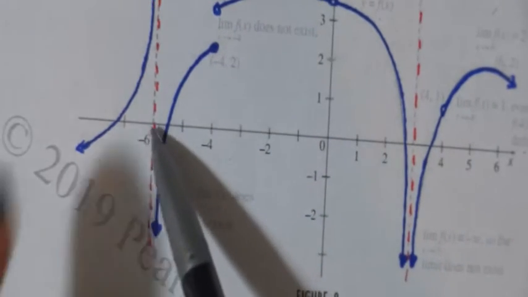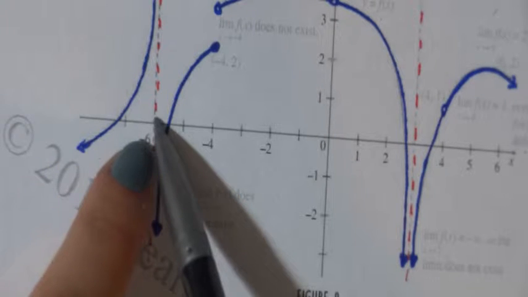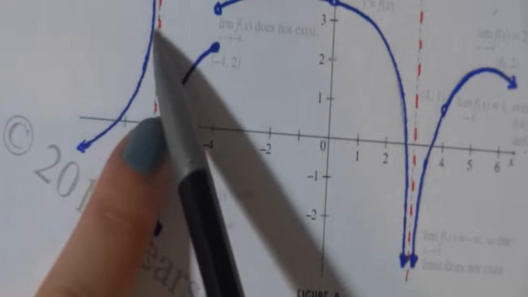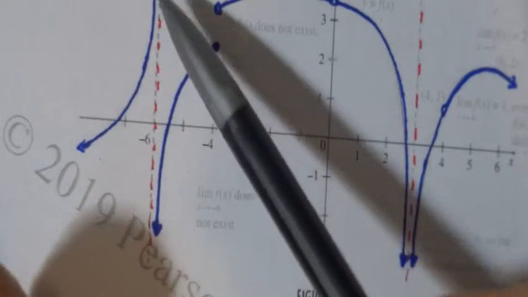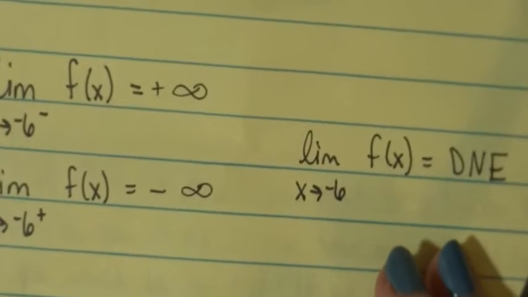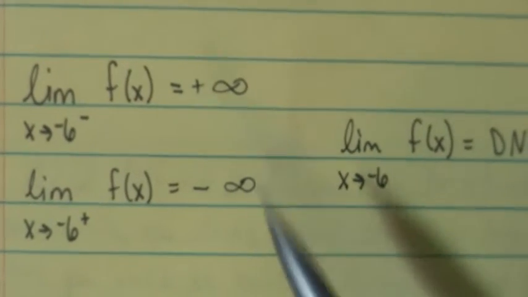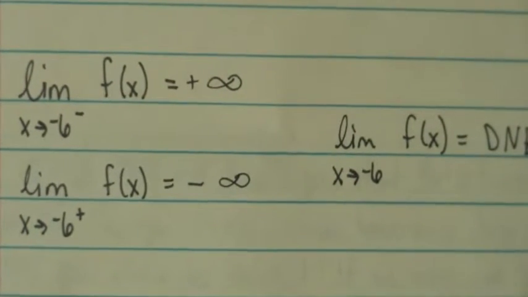So as I approach -6 from the left, I'm actually going to do so vertically. As x goes this way, f of x is going to go that way. And so we get positive infinity. Technically, positive infinity is not a number. L has to be a real number. And since positive infinity is not actually a real number, technically that left-hand limit does not exist.